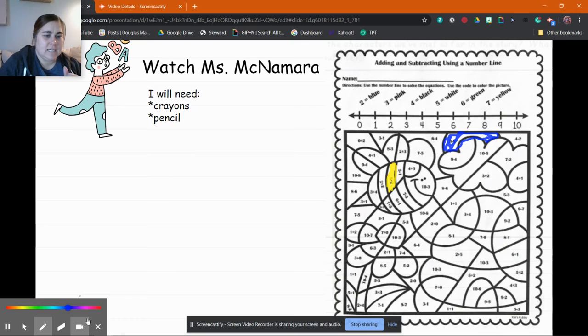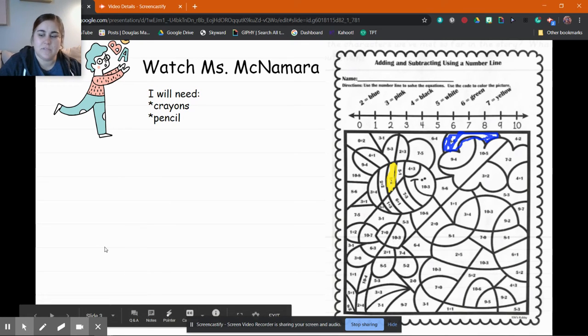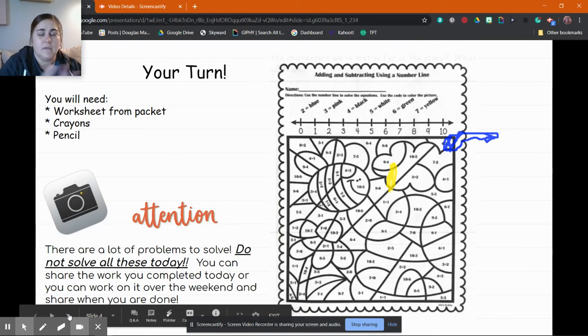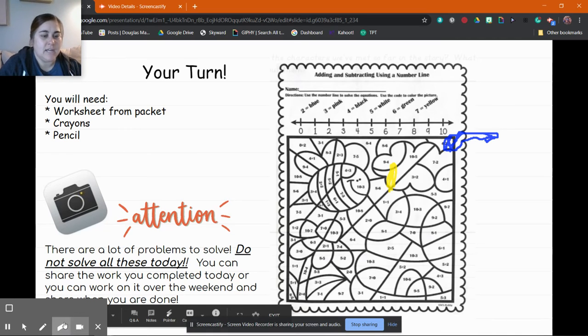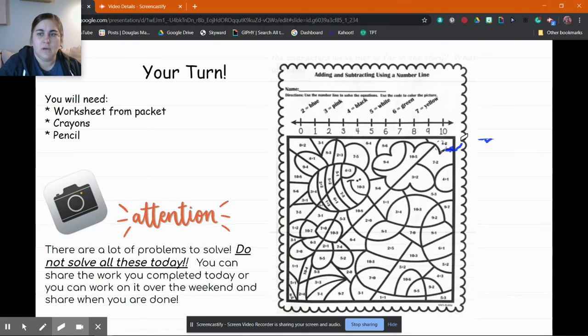Now, here is what I'm going to say about the worksheet. There are a lot of problems on this worksheet. I do not want you to sit down and do all of these today. This is way too much to do in one sitting.